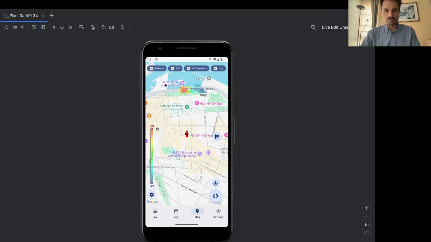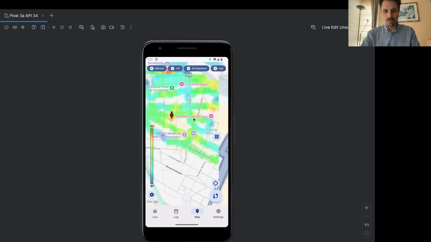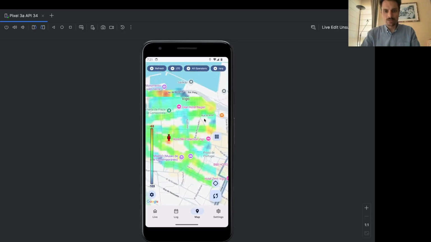So this is now the view to show estimated maps. We can choose the technology, filter by operators, we can choose the metric, and here we selected the transformer-based estimator that I described earlier.